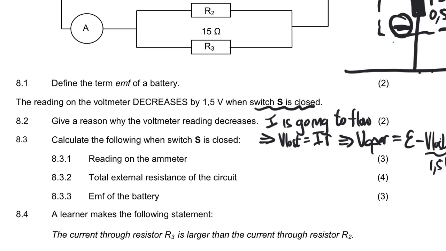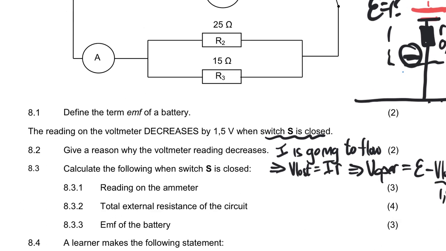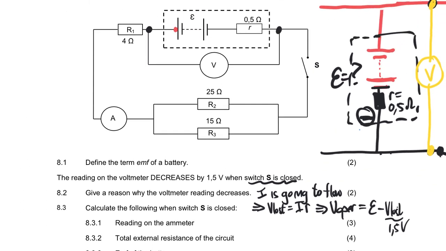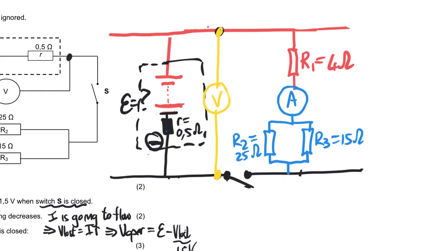Now it asks, calculate the following when switch S is closed, the reading on the ammeter. Now, the ammeter is going to read the total conventional current. So if we look there, let's go to my redrawn circuit diagram. If we look here, the total current is going to flow through like that and through the ammeter.